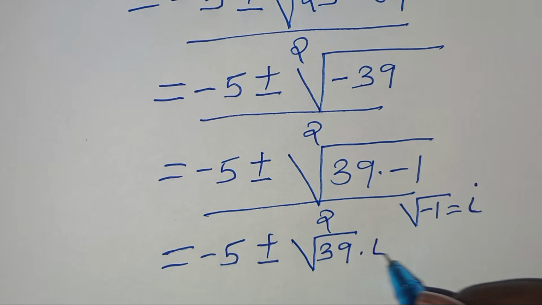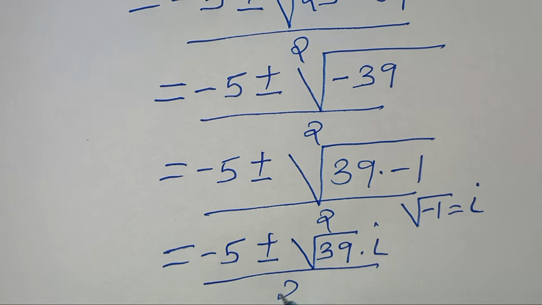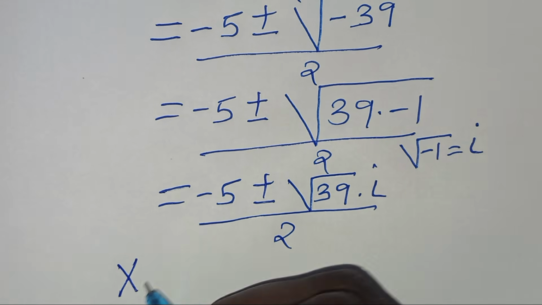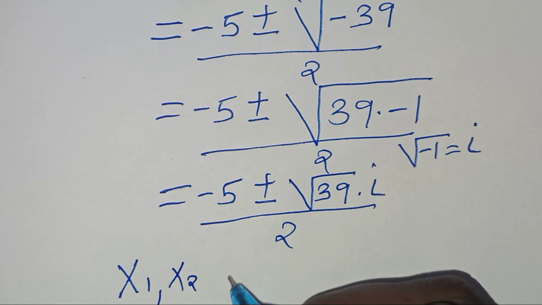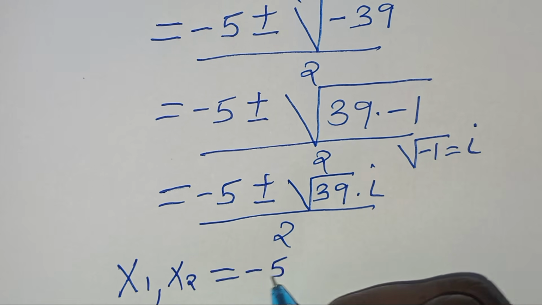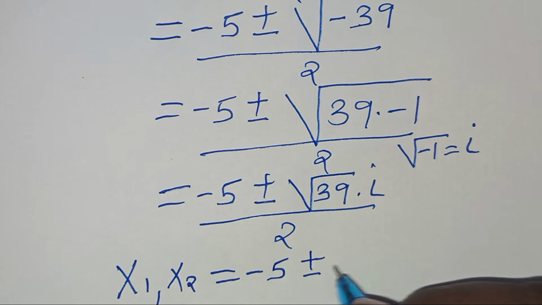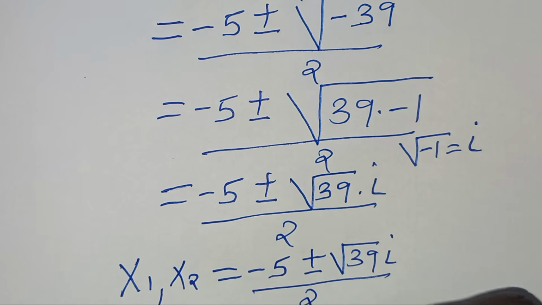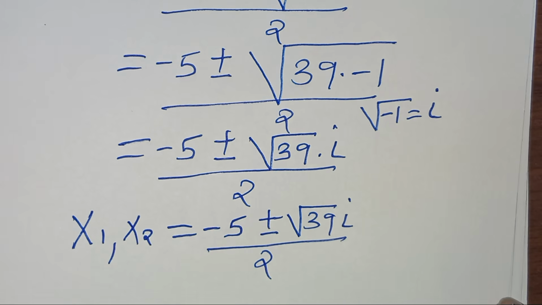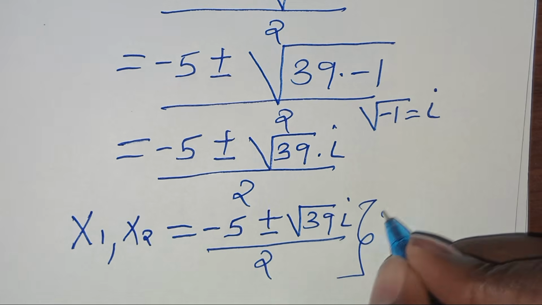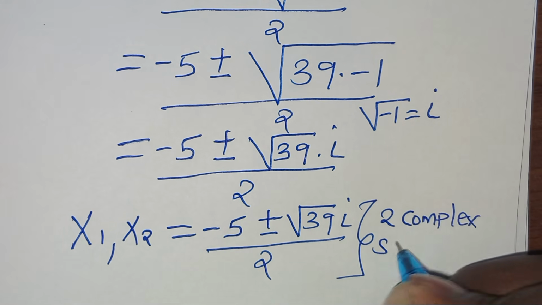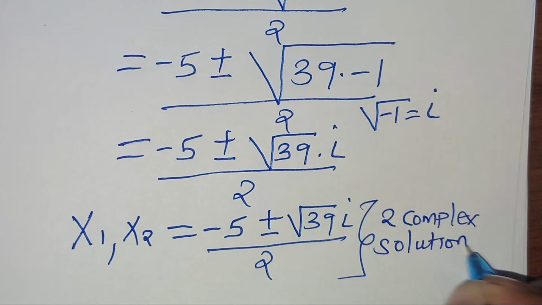So this implies that x1, x2 is equal to negative 5 plus or minus square root of 39 i, divided by 2. So you find that these are two complex solutions under case 1.